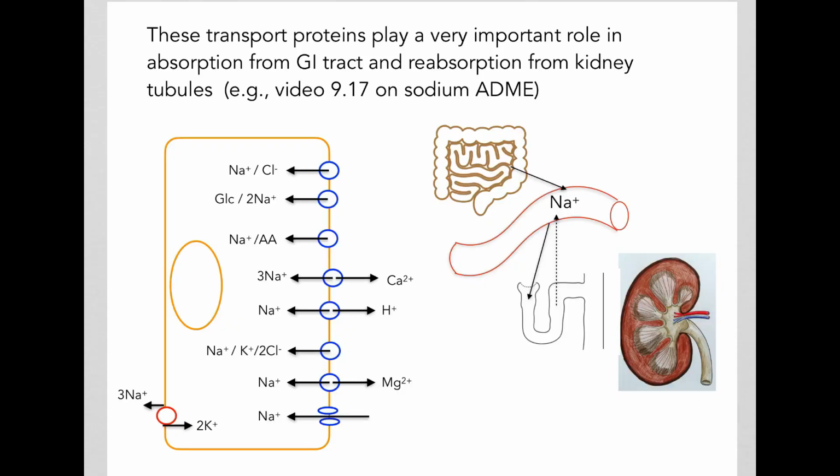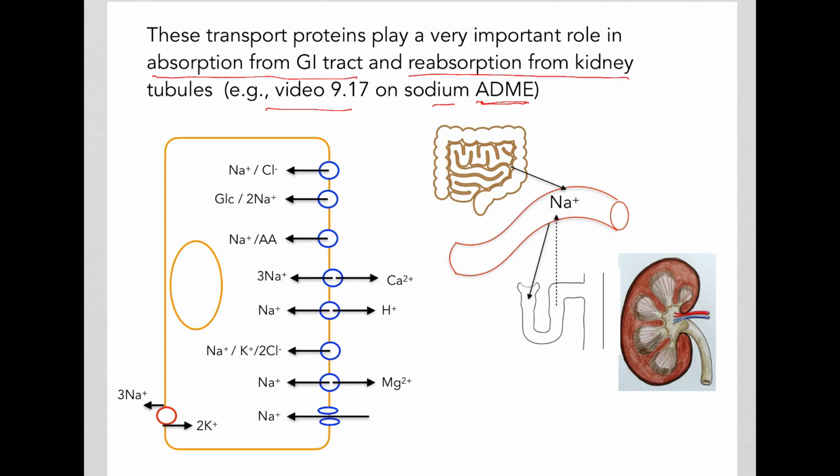Several of these transport proteins, we saw, play a very important role, for example, in the absorption from the GI tract, as well as reabsorption of various chemicals from the kidney tubules. An example we saw was in video 9.17, when we discussed the life story of sodium, the absorption, distribution, metabolism, as well as the excretion of sodium.